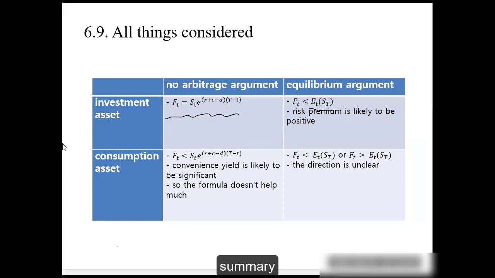In that case, the long side should expect to make profit, which means the current forward price should be lower relative to the expected spot price, so that they expect to make profit. So this is the most typical situation that you can imagine for financial contract.